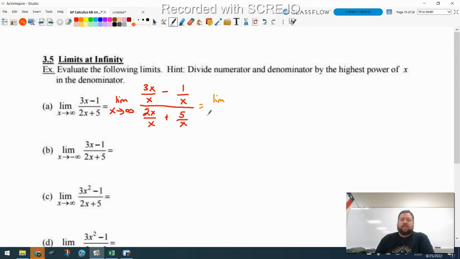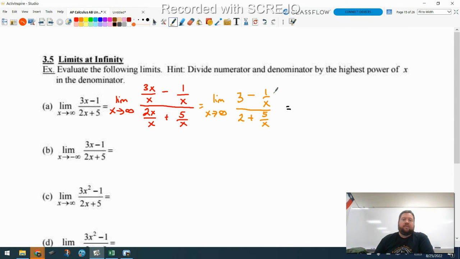So the limit as x approaches infinity, the x's cancel right here. So I get 3 minus 1 over x. And the x's cancel right here, so I get 2 plus 5 over x. And so if we let x go to infinity, then the denominator of this fraction gets really, really big. It's huge.